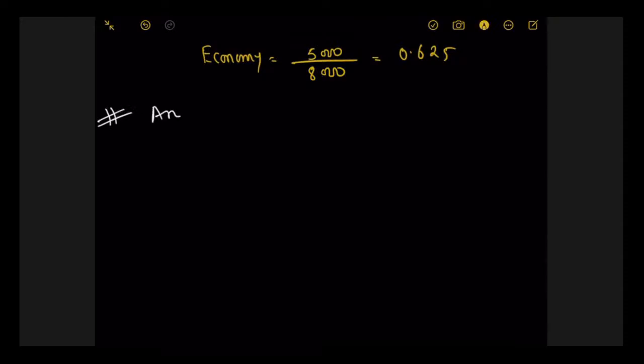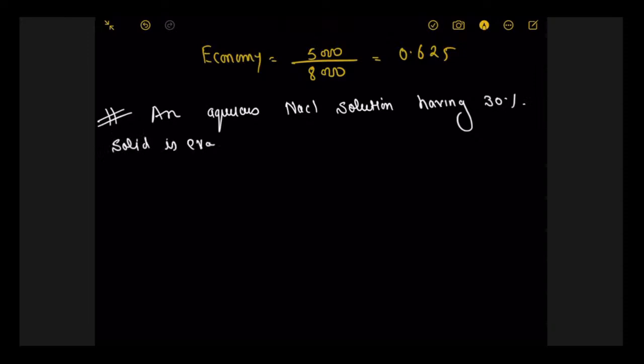An aqueous NaCl solution having 30% solid is evaporated to 80% solid.